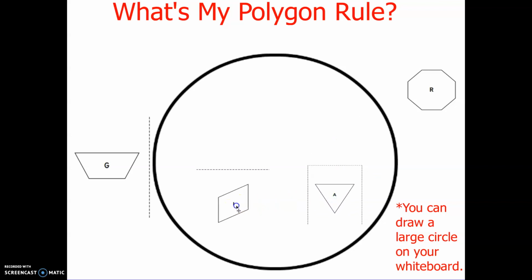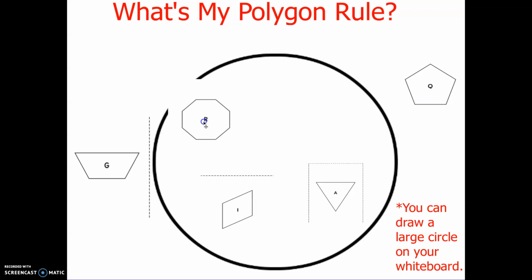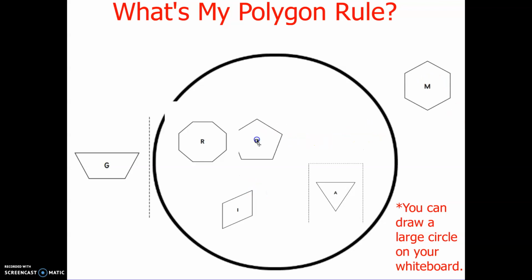I'm going to give you some more clues. I have some more cards that I'm going to put inside my circle because they fit my rule that I've come up with for the polygons to be able to be inside my circle. Shape R can fit inside my circle. It can come join the party. But G can't. Why can't G? Shape Q can come in and join my party.